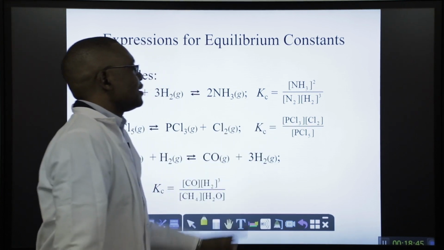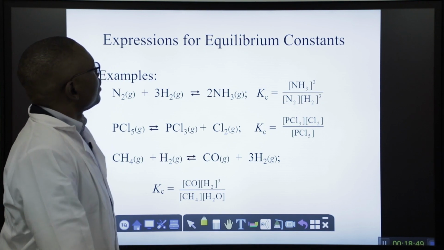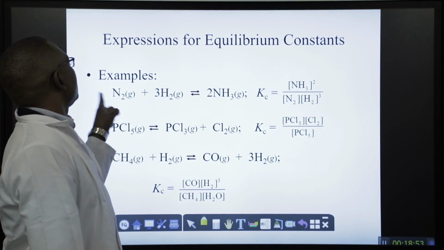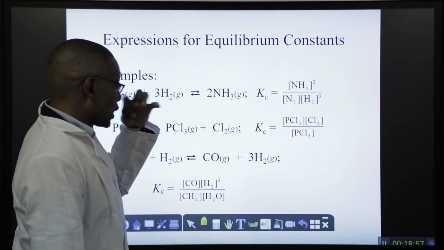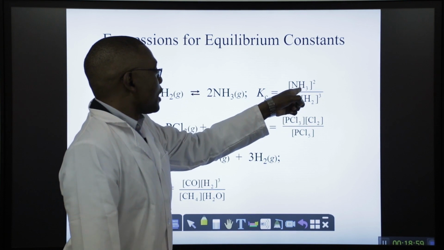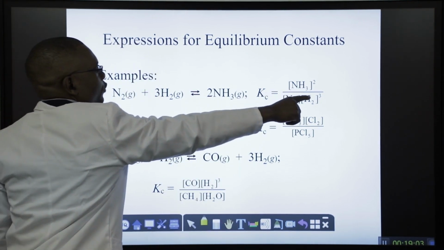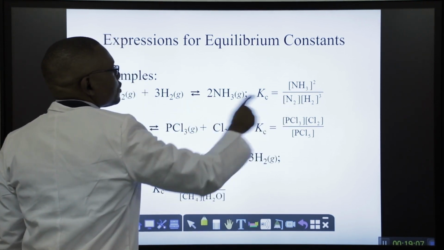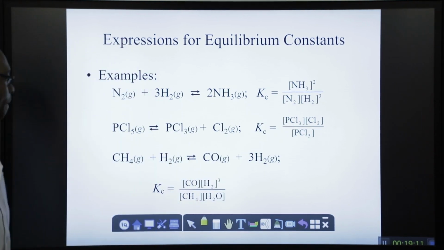So Kc, take note of these superscripts. They are directly coming from the coefficients of our reacting species. So Kc is equal to NH3, the product, squared over reactants, which is nitrogen times hydrogen cubed, because we have got 3 of that here.